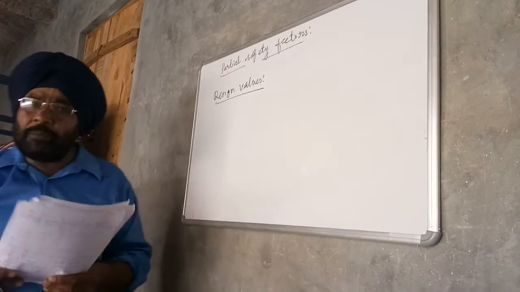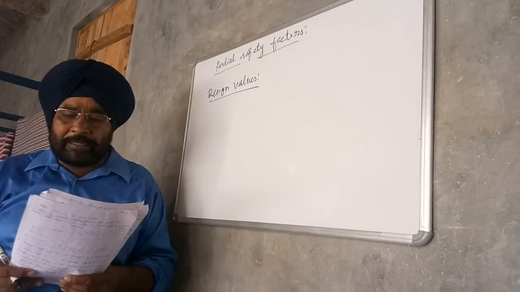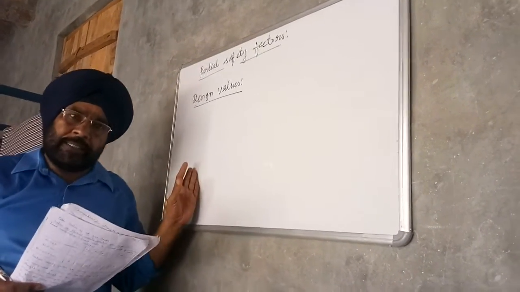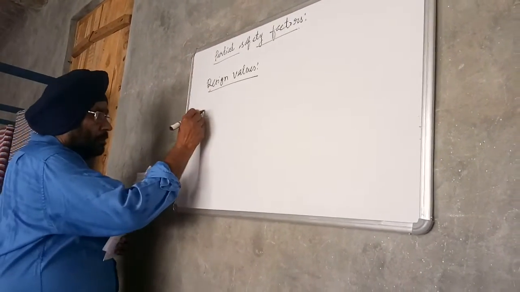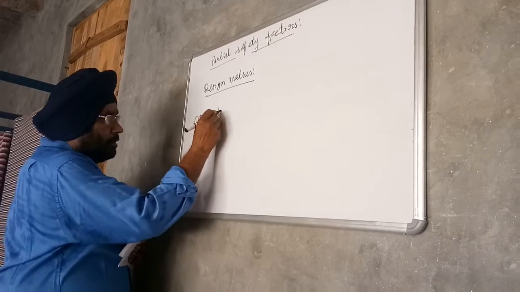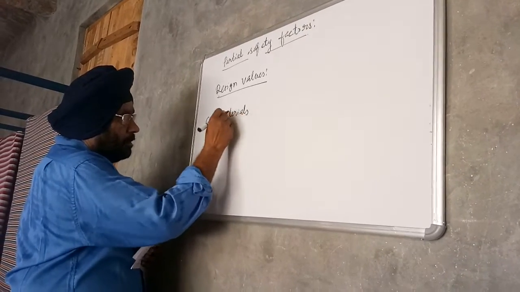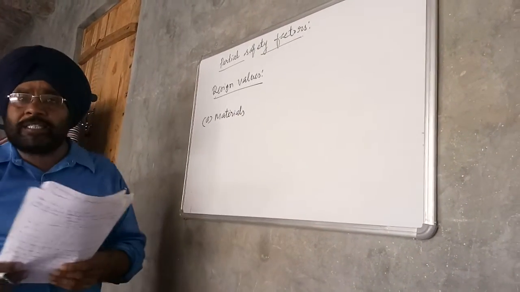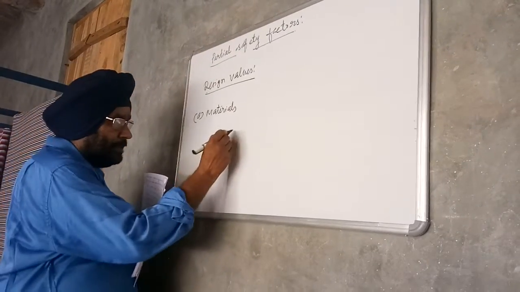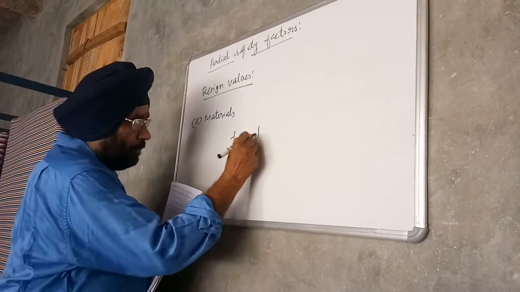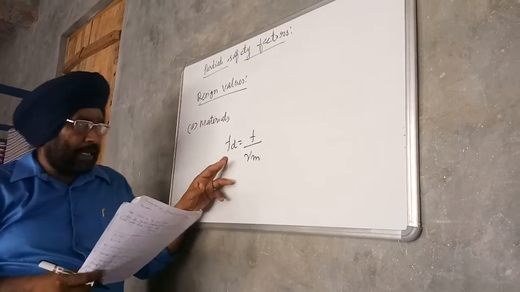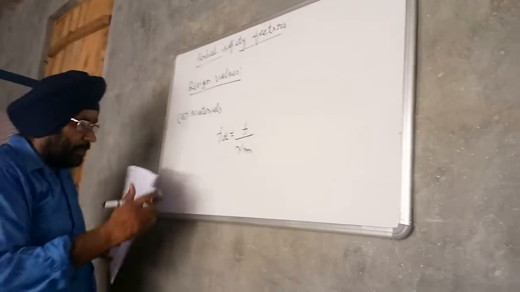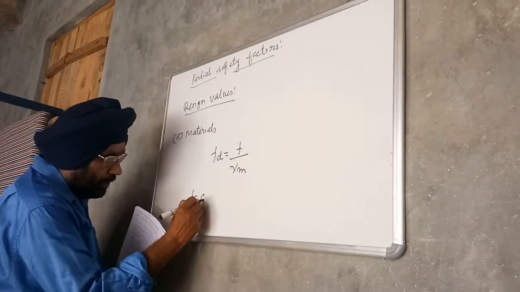Design values are obtained when partial safety factors are applied to the characteristic strength of materials and characteristic loads. So first, material. The design strength of the material is given as Fd is equal to F upon gamma m. Fd is design strength of the material and F is characteristic strength of the material.